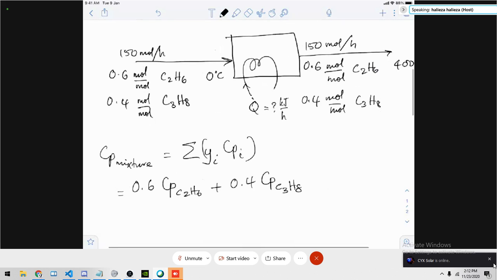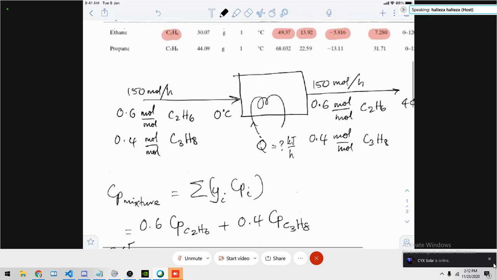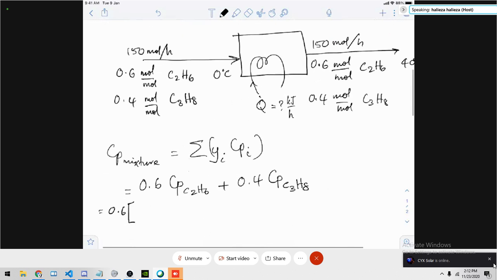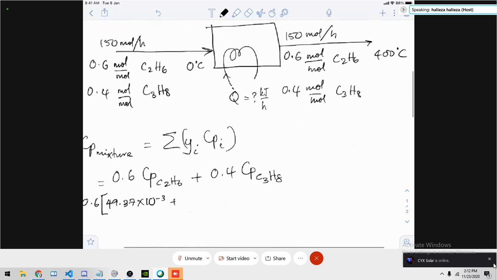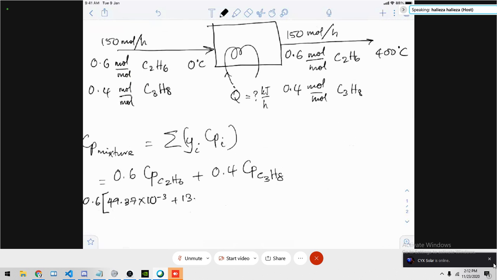So it's going to be 0.6 bracket, 49.37 times 10 to the power of negative 3 plus 13.92 times 10 to the power of negative 5.